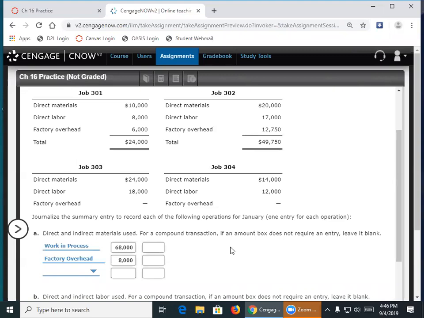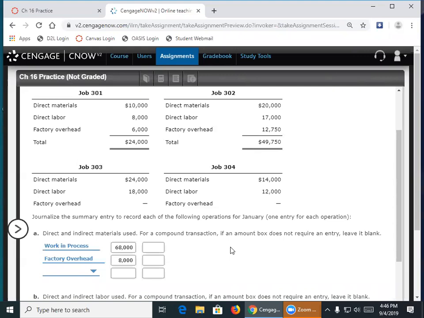So that's purchased. Well, now that 68,000 is what we've assigned to jobs. So when we assign materials, it comes out of the materials account and gets assigned to work in process. So 68,000 gets credited for direct materials, and that flows into work in process.